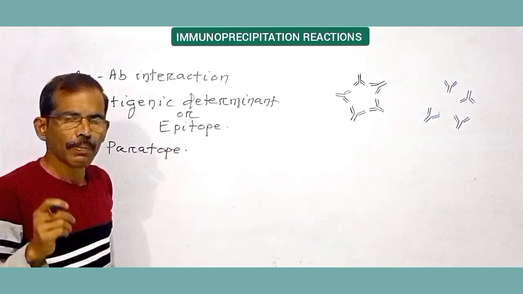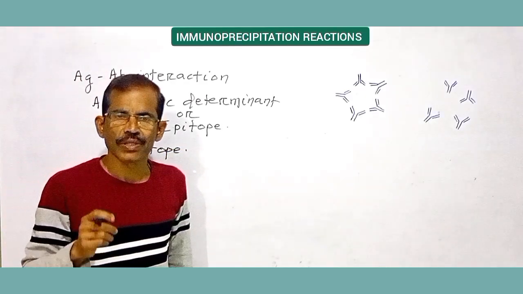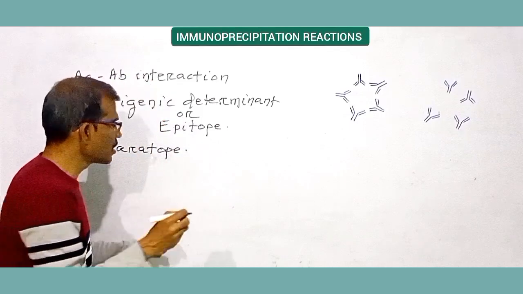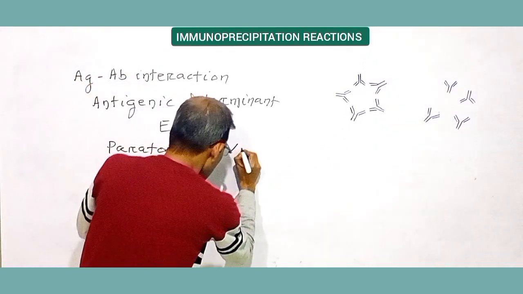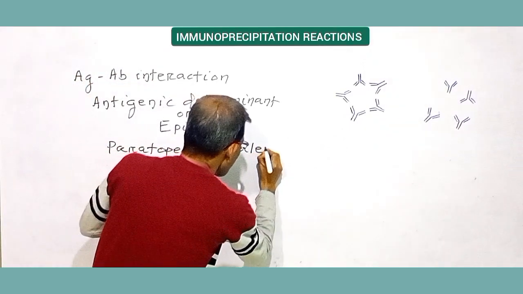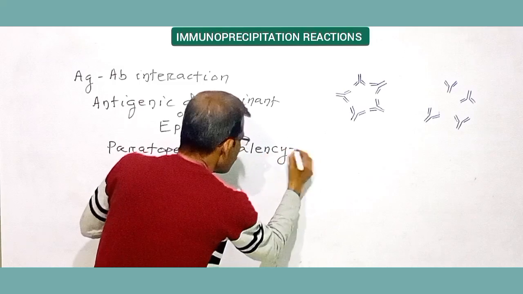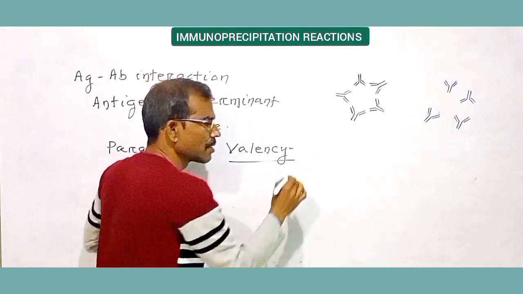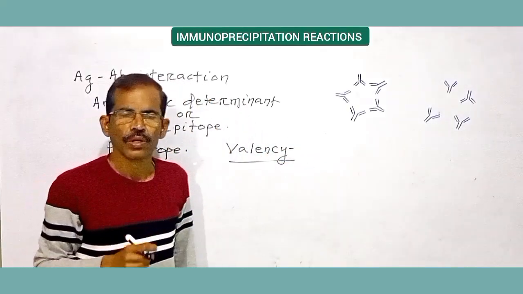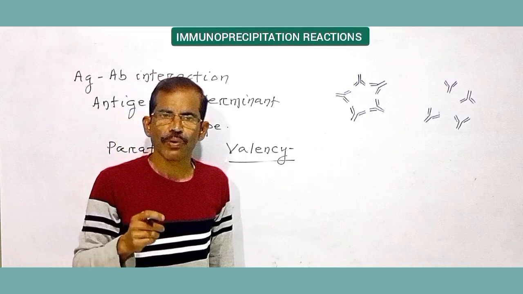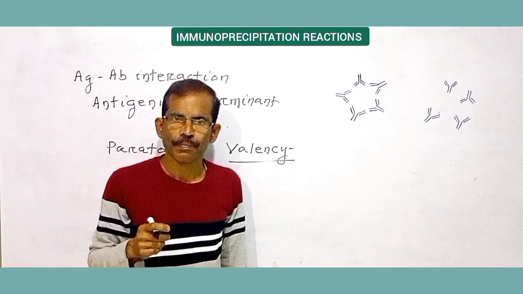The number of epitopes on the surface of an antigen is its valency. So valency is the number of epitopes present on the surface of an antigen.